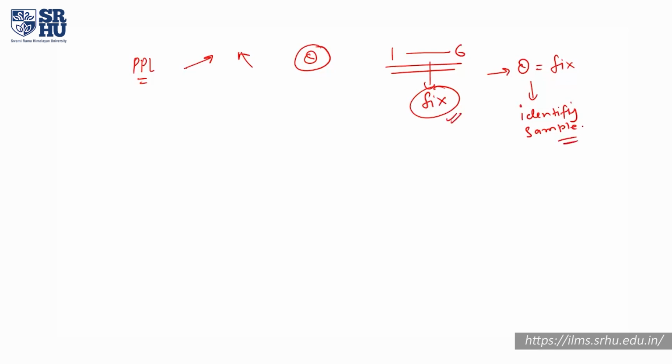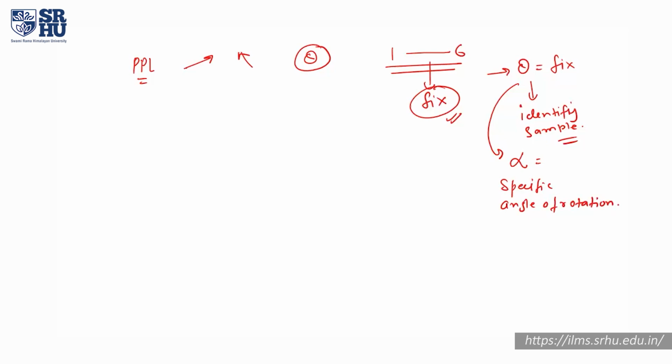Now when all these parameters are fixed, then this theta is not called theta, it is called alpha, which is known as the specific angle of rotation.